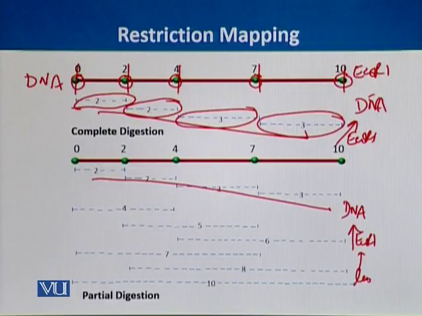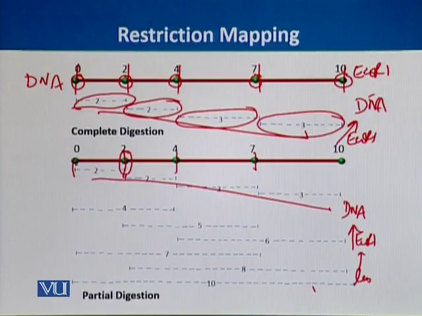Because the amount of EcoR1 is less, some EcoR1 sites will not be cut. Some molecules will be generated from here to here, some from here to here. So different sizes of fragments will be generated.